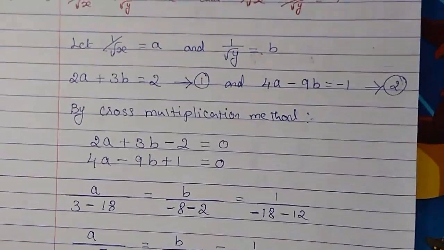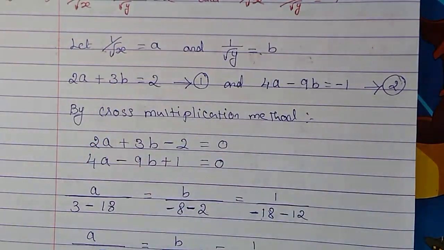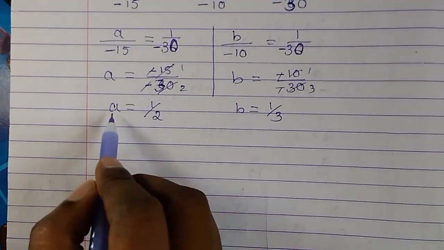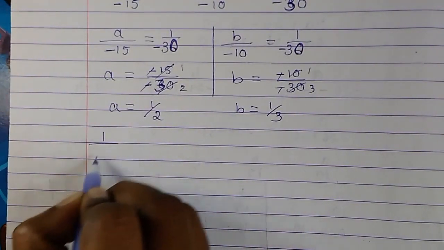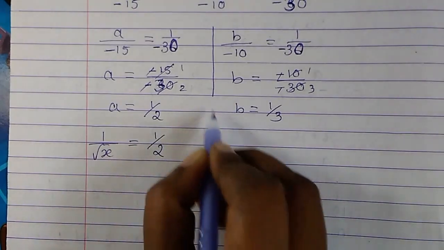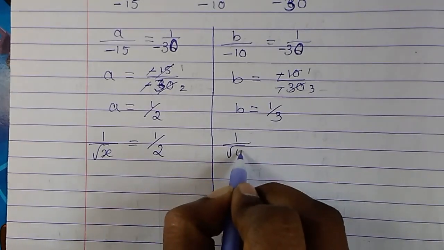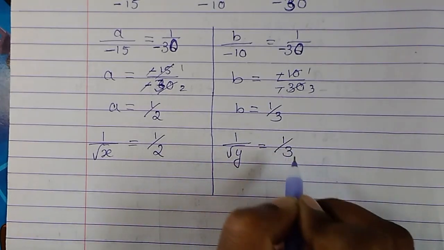So now we have let a is what actually? A is 1 upon root x, b is 1 upon root y. So let's write down a is actually 1 upon root x, so it's equal to 1 upon 2. b is 1 upon root y equal to 1 upon 3.